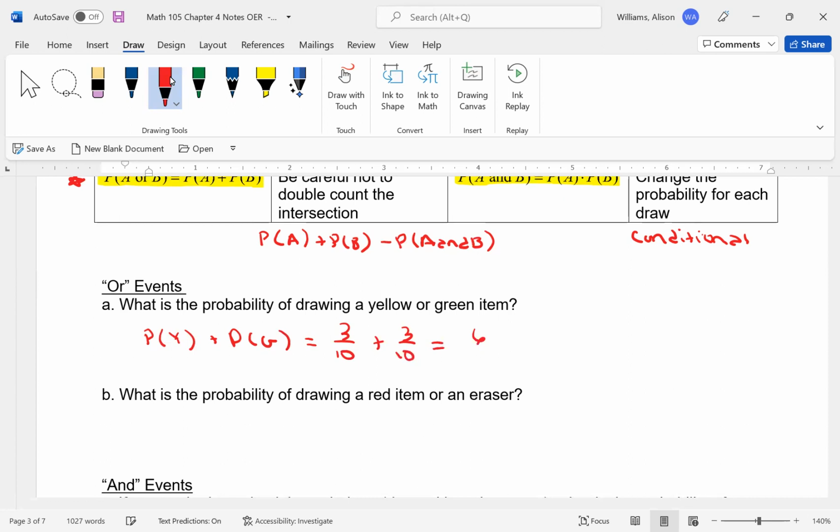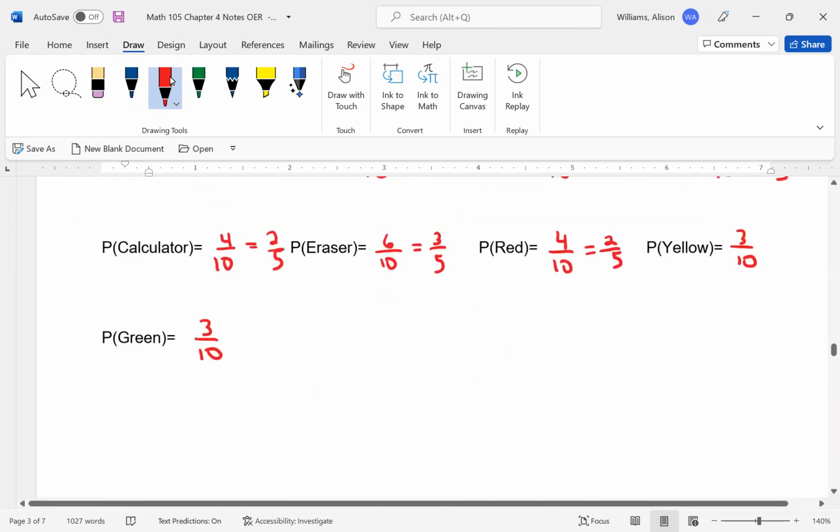And then the next time it's going to be 4 out of 10 again. I'm multiplying them because that's this formula right here. Because these are independent, we're replacing, we're just multiplying the probabilities together, and the probability is always going to stay the same. So this becomes 64 over 1,000, and I'm just sticking to fractions right now.